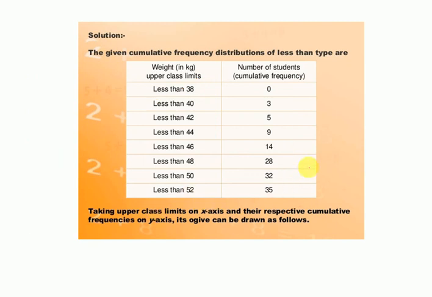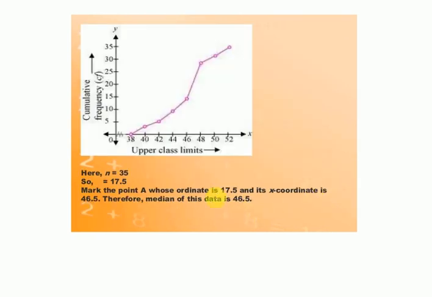Now we will draw the less than type ogive. How will we plot the points on the graph? The points are these only: 38, 0; 40, 3; 42, 5; 44, 9; 46, and so on. Here you can see that I have plotted them. First was 38, 0, so I plotted it on the x-axis.